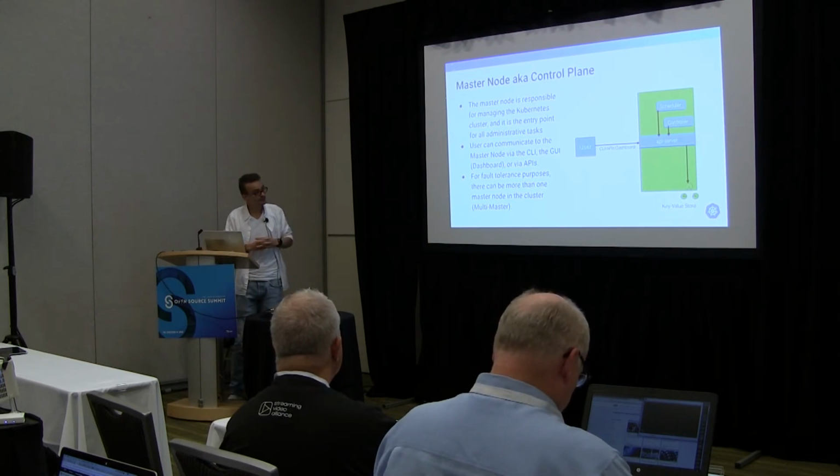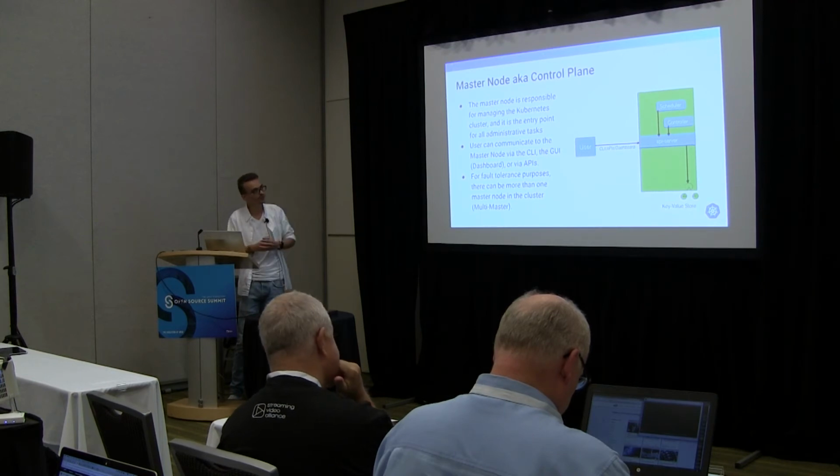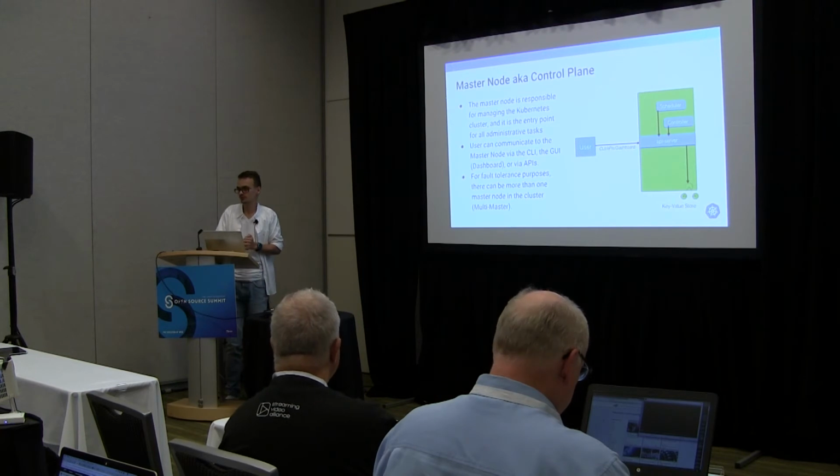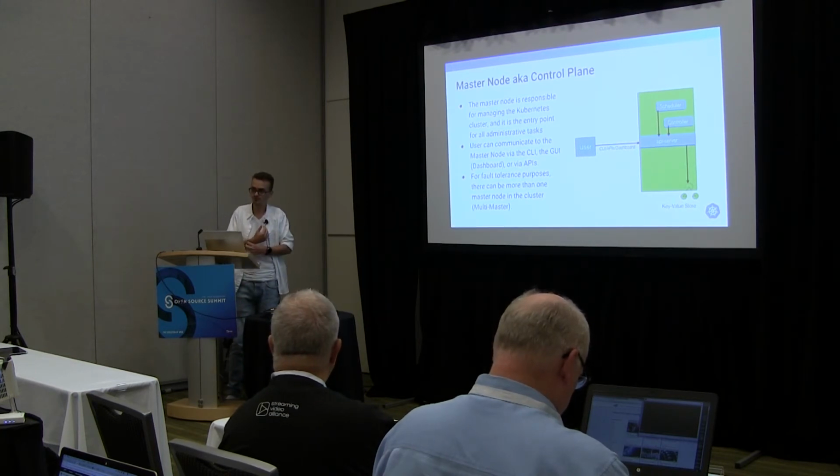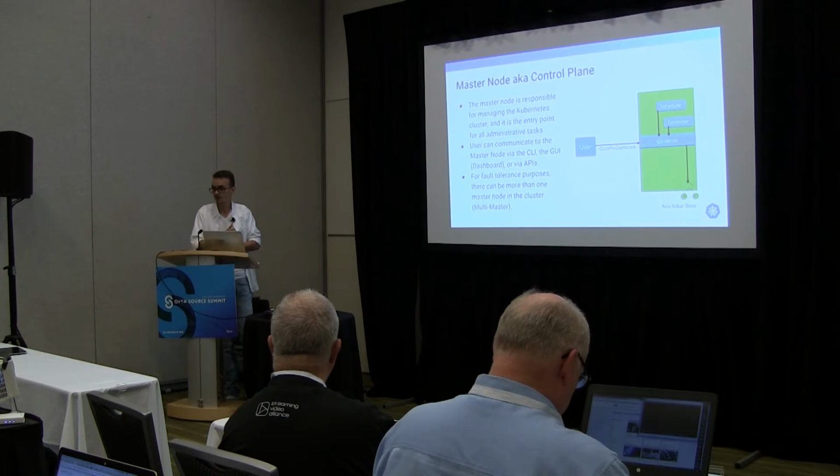On this slide, you can see that we have a single node, the single green brick. But for real production environments, we usually suggest building clusters with at least 3 master nodes for the purpose of HA.